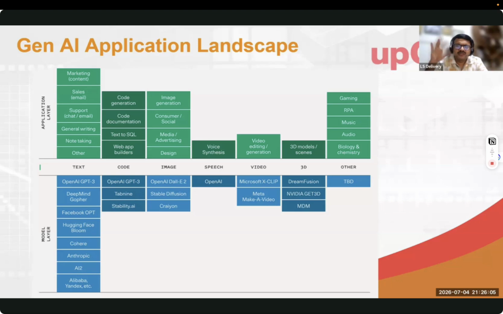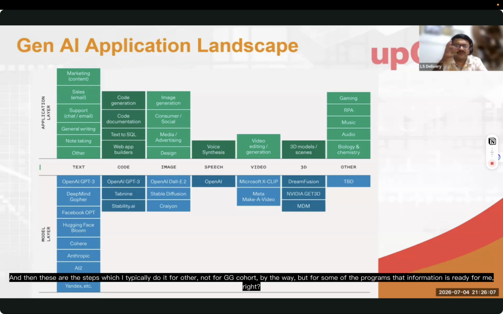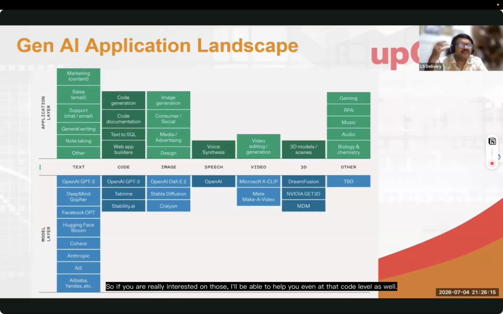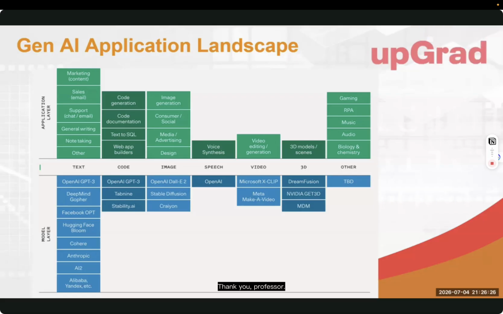These are the steps which I typically do for other programs, not for the GGU cohort, by the way. That information is ready for me, so if you are really interested, I'll be able to help you even at the code level as well. But as an extension, because other people may not be able to follow. So towards the end, I can take that. Thank you, Professor. Thanks a lot.